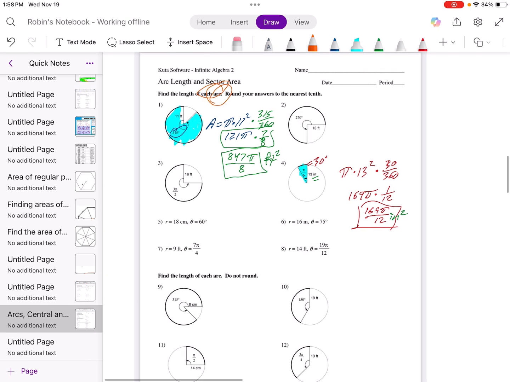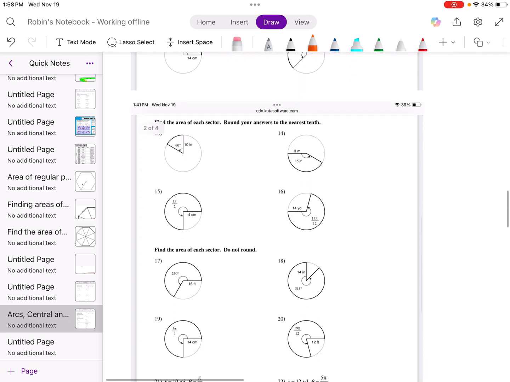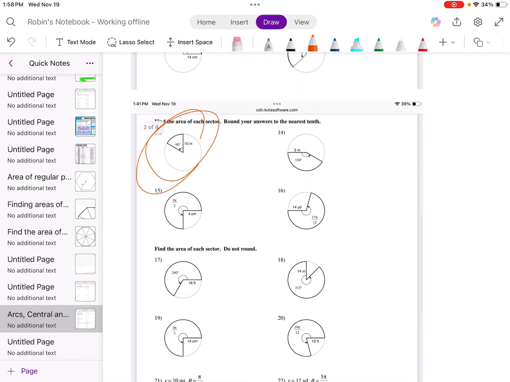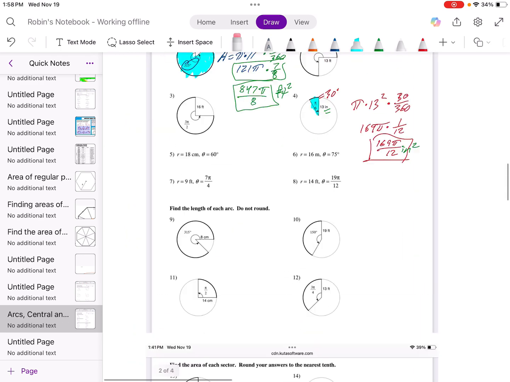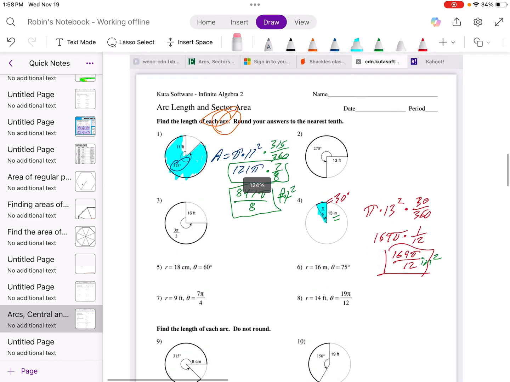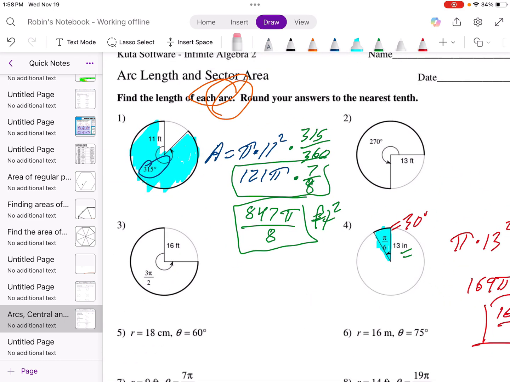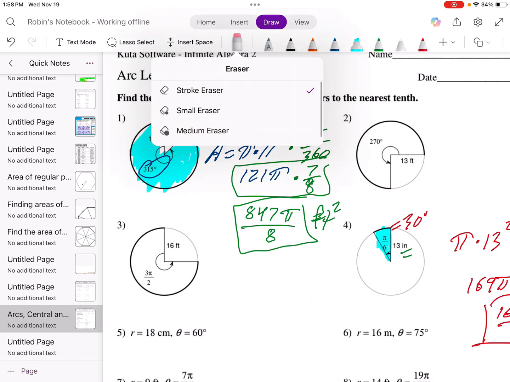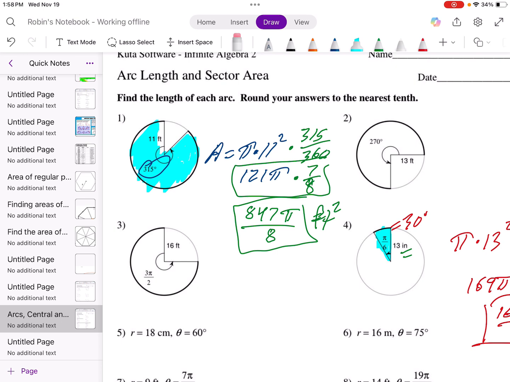That's what you're going to do on the second page. Everything I just did up top, that's what you're going to do down here. Hopefully you can follow that. But up top, I screwed up, barely. I'm still going to be multiplying by that 315 over 360.